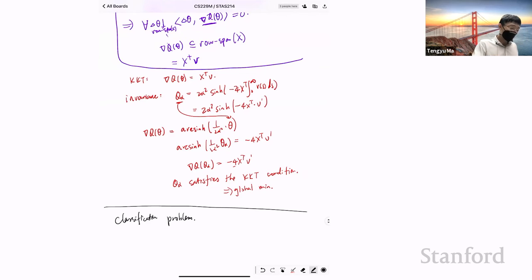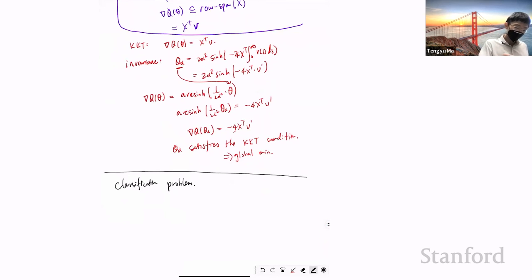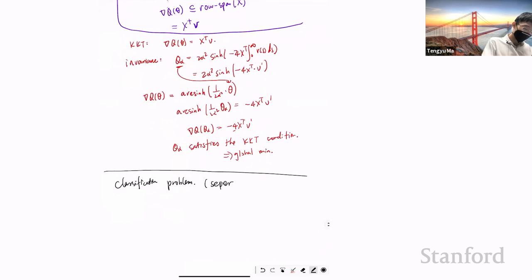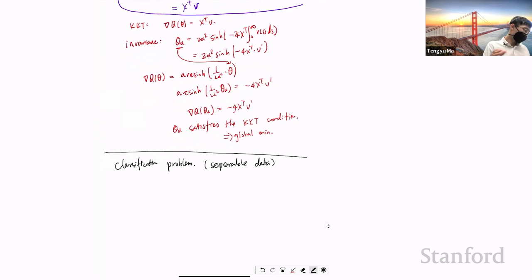All right. Now let's move on to the classification problem, and we are looking at separable data, as we always do for classification problems. Here we are only going to discuss one result, which says that if you do gradient descent, it converges to a max margin solution.